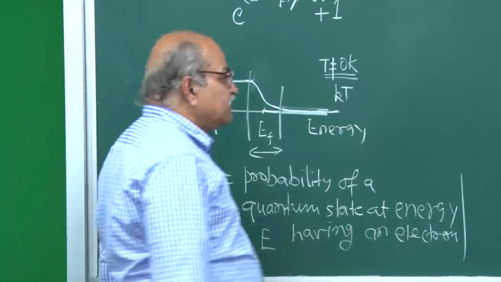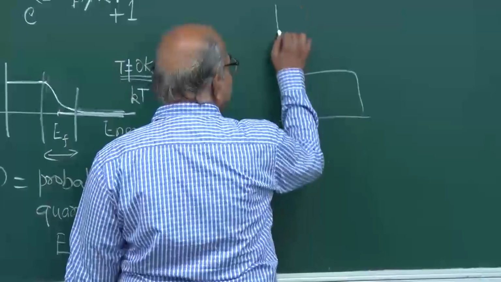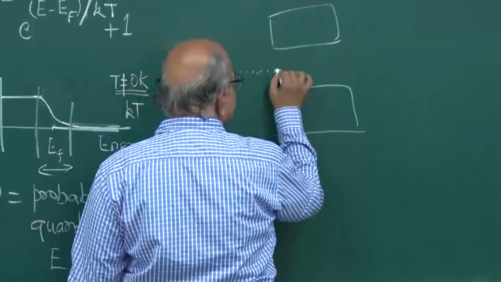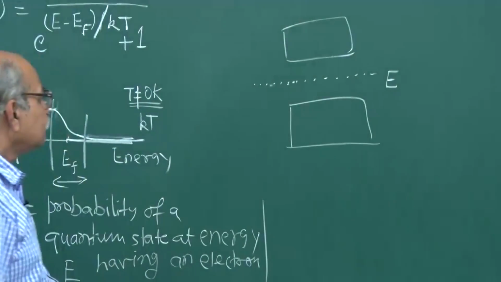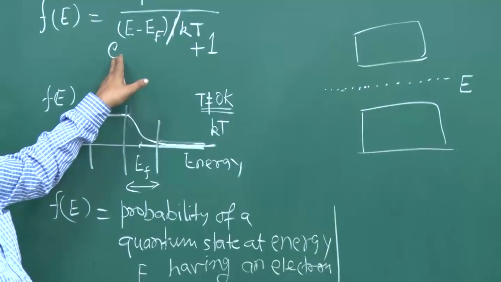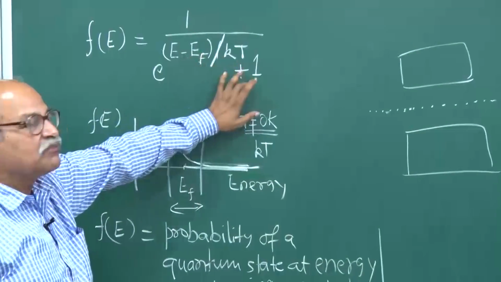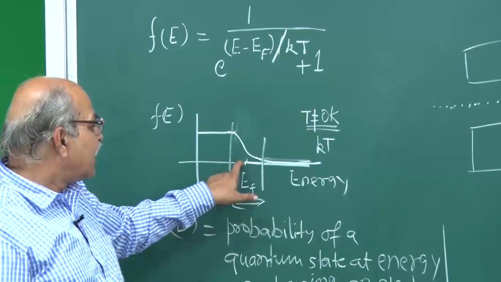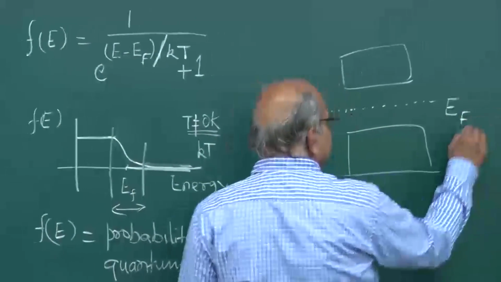So if you have this semiconductor, you have this valence band here, you have this conduction band here, and for intrinsic semiconductors, this EF turns out to be somewhere here in the middle. From this function, at E equal to EF, this exponent is 0 at a finite temperature. So this will be 1 and this whole thing will be 1 by 2. So the probability falls to half at this EF. In this case, EF is somewhere here.